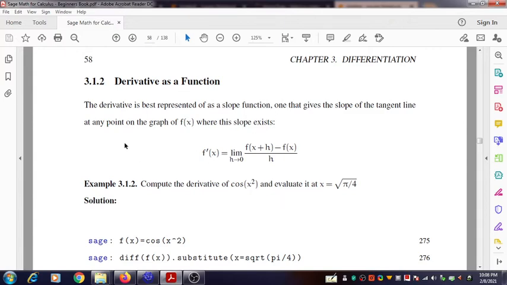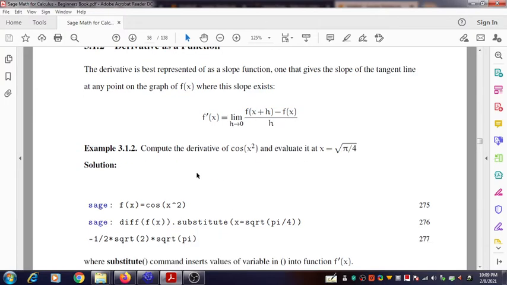Just imagine that f x is the given function, then its derivative f dash x equals the limit of f of x plus h minus f x divided by h, where h is allowed to tend to 0. That is, we want to take the limit of this expression as h tends to 0, and this is the concept behind the derivative. So this concept can be used to find the derivative.